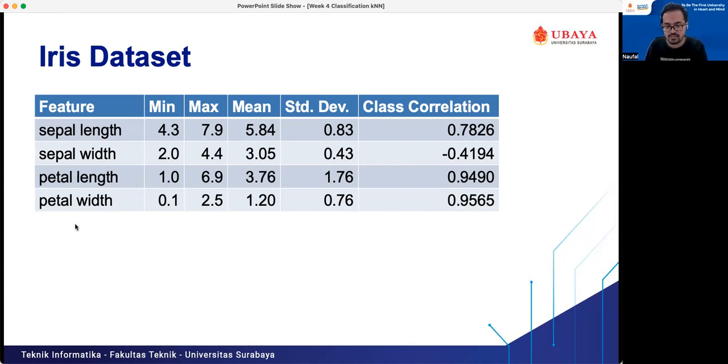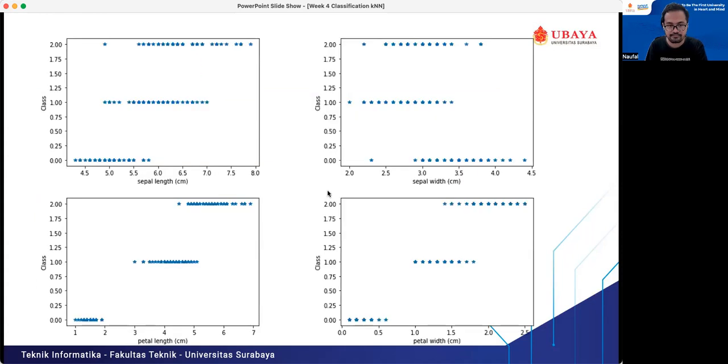If we only use these two features, or one of them, to classify the iris dataset, it will have a higher accuracy. So the class correlation is useful for feature selection. We need to choose the features that have a high class correlation to classify the iris dataset.